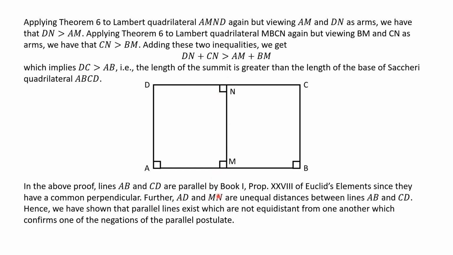Further, AD and MN are not equal distances, we just showed that, between lines AB and CD. Hence we have shown that parallel lines exist which are not equidistant from one another, which confirms one of the negations of the parallel postulate.